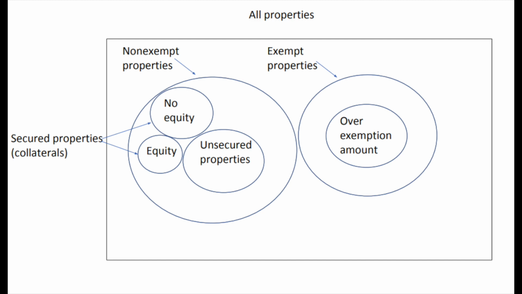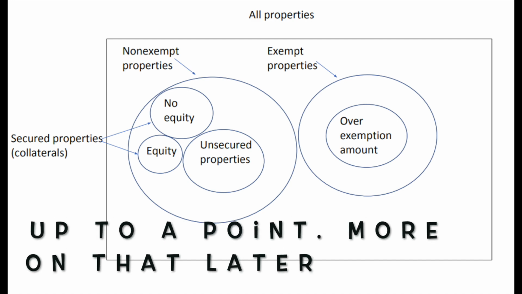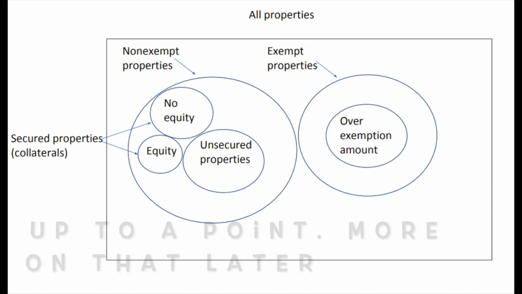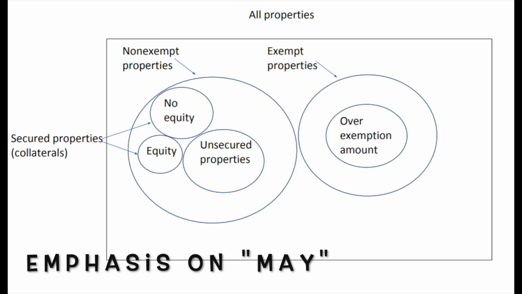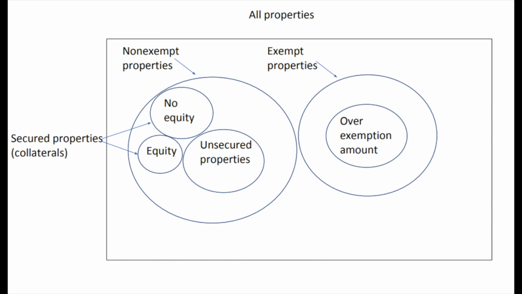Exempt properties are properties that you get to keep in bankruptcy. By contrast, non-exempt properties are properties that you may lose in bankruptcy. Bear in mind, 96% of debtors do not lose anything in Chapter 7 bankruptcy.